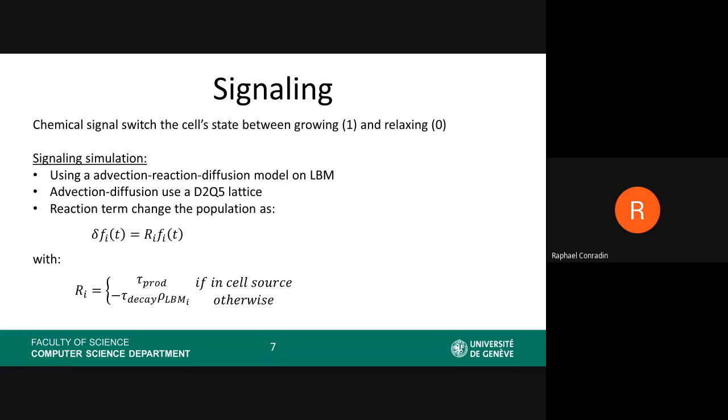So we simulate chemical signaling to switch the cell states between growing and relaxing, in order to have more different behavior than just cells growing every time. In order to simulate that, we use an advection reaction diffusion model on LBM on the D2Q5 lattice.